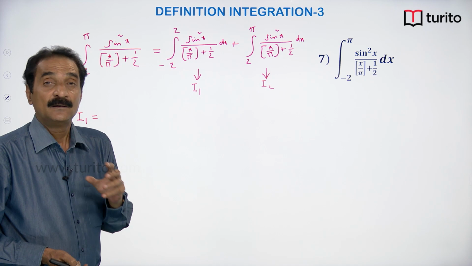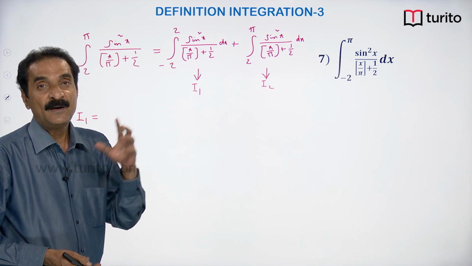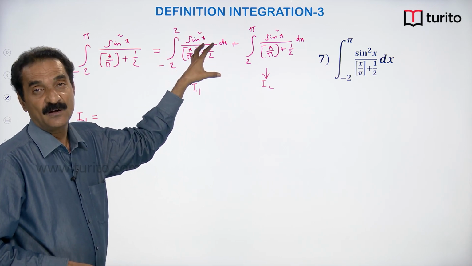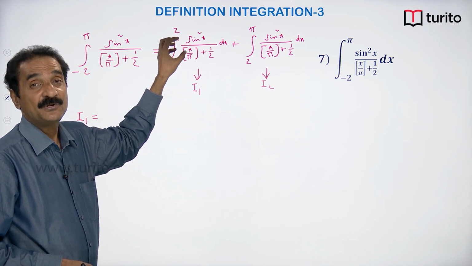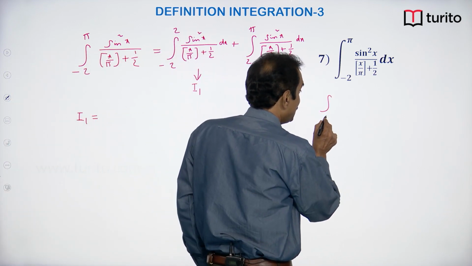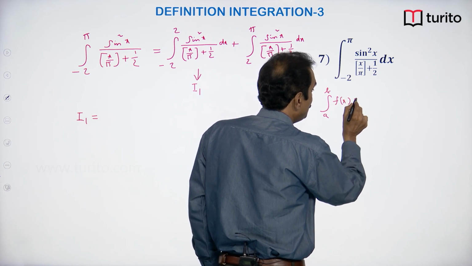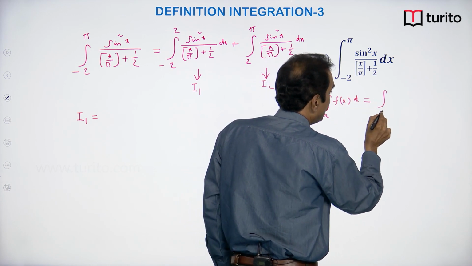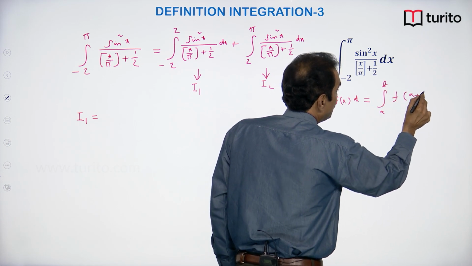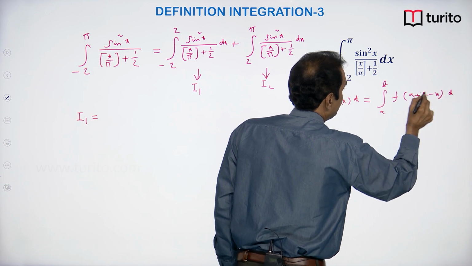Then I told one point in the previous class, if you remember, whenever the limits are minus a and plus a and function is neither even nor odd, what should you do? We should apply another property, that is integral a to b f of x dx is equal to integral a to b f of a plus b minus x dx. You have to apply this property.